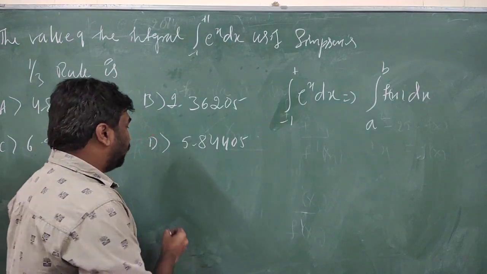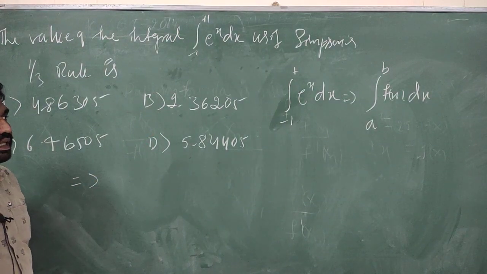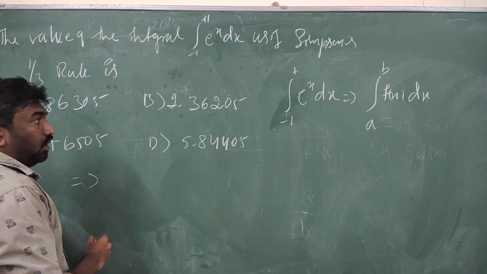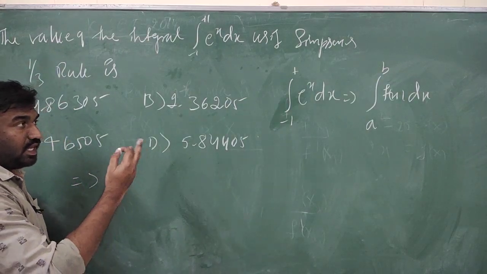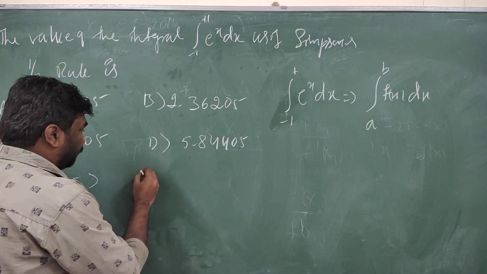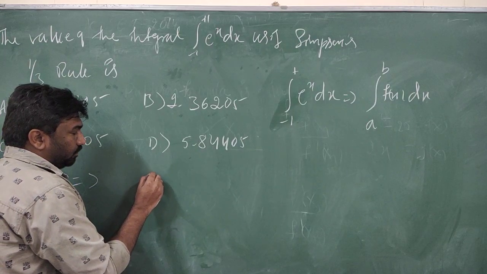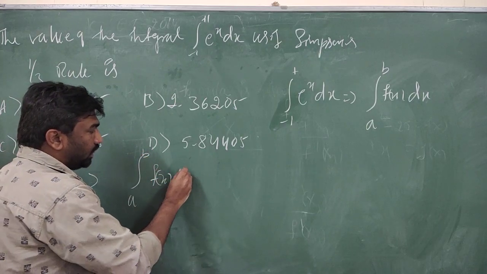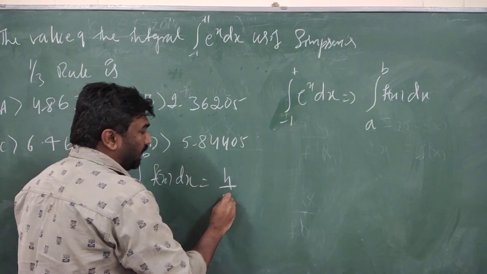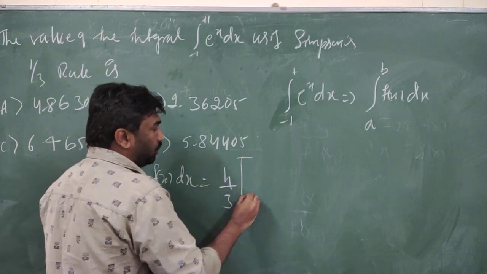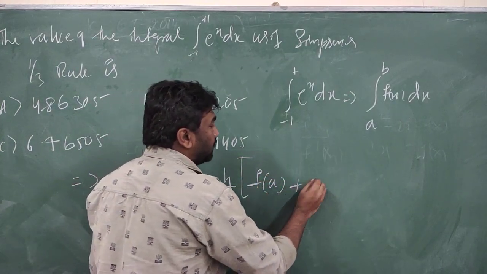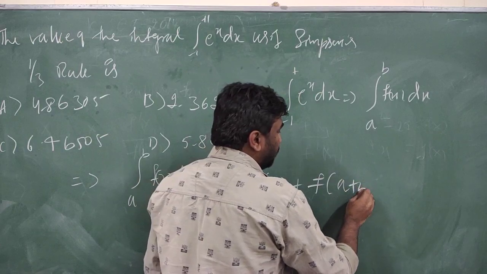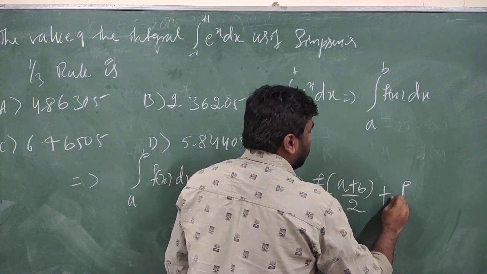See, the formula used to calculate is integration a to b f of x dx is equal to h by 3 into f of a plus 4 into f of (a plus b) by 2 plus f of b.